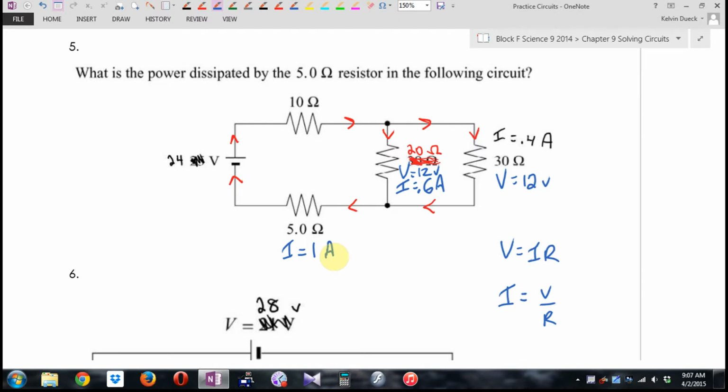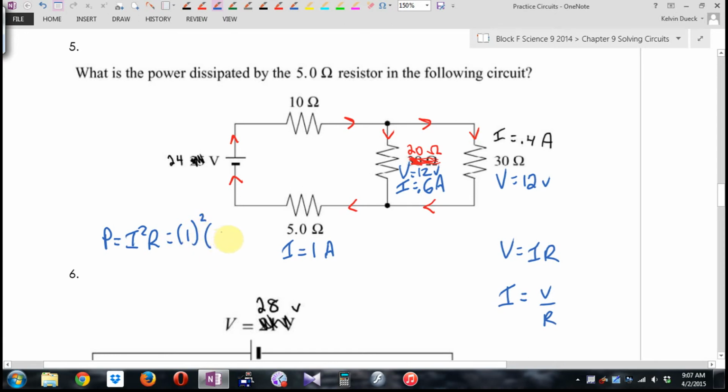Thank you for getting your yellow sheet out. P equals I squared times R. Okay, no talking, guys. What's I in that resistor? 1 squared.